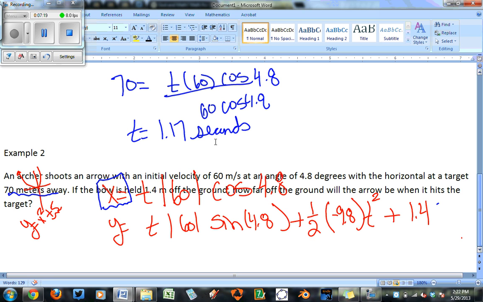So now that we know the time it takes the arrow to get to the target 70 meters away, so if I shot my arrow from here, and my target is sitting right here, 70 meters away, it took 1.17 seconds to do this.